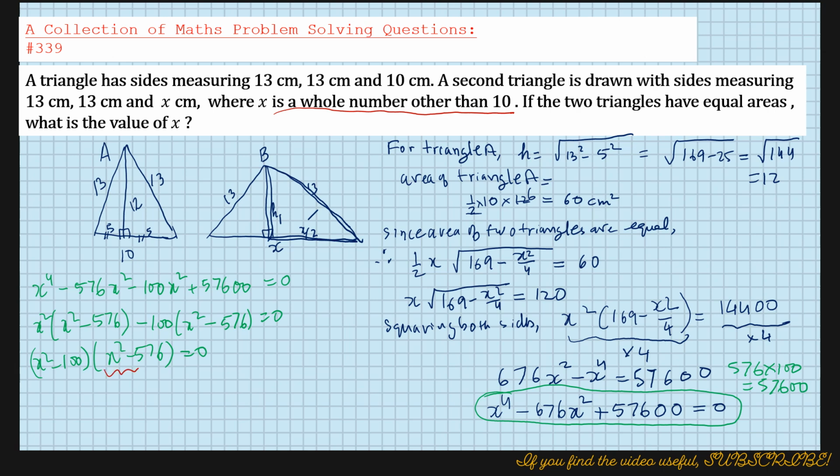It would mean x squared minus 576 is 0, and that would imply x squared is 576, which means x is 24.